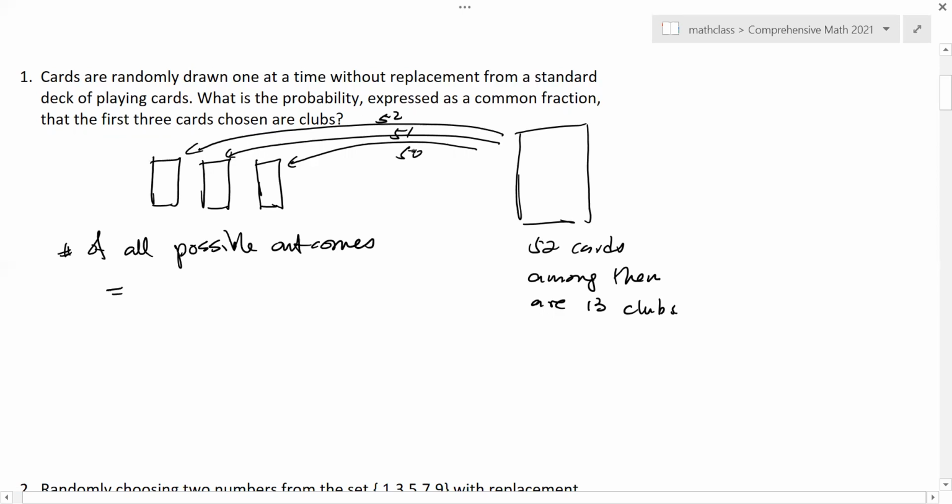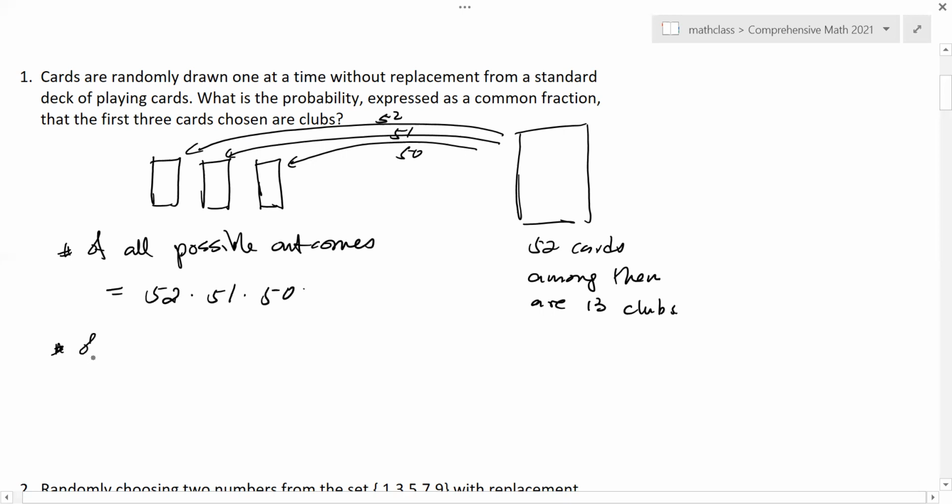Here we apply the principle of counting. If the whole procedure involves several steps, each step having a number of choices, then the number of ways to complete this procedure will be the product of the numbers from each step. So this is going to be 52 times 51 times 50. This is the total number of outcomes.